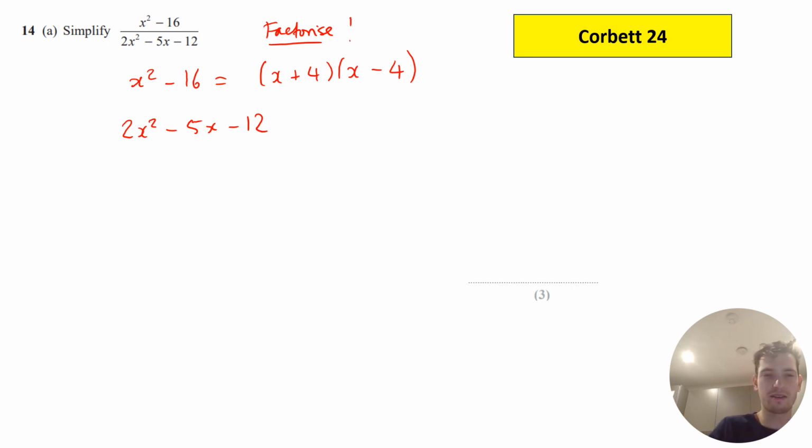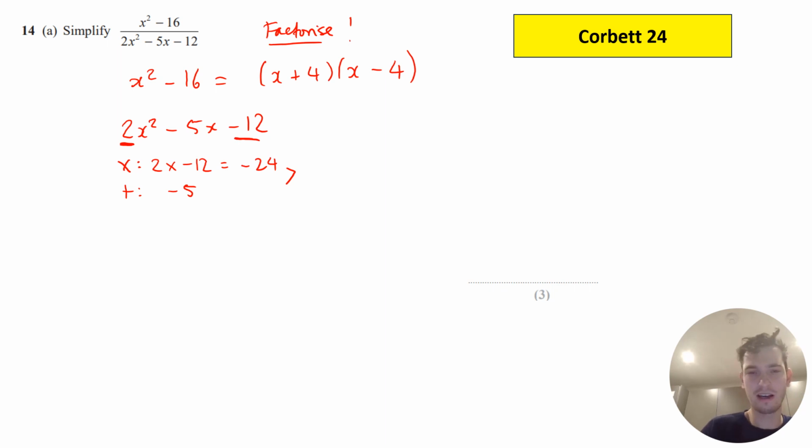Let's factorize this. I want two numbers that multiply. Remember, if my coefficient in front of the x squared is more than 1, I need to multiply 2 times minus 12, which is minus 24, and add to make minus 5. So what are those numbers?